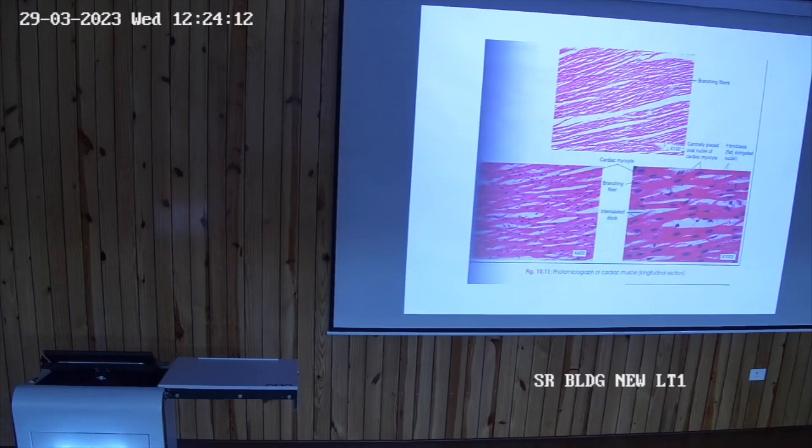The intercalated disc is a special feature of cardiac muscle. In the theory part you may write, when the question asks you in theory, that the special feature of cardiac muscle is the intercalated disc, and the purpose of the intercalated disc is that it transmits the impulse from one cell to another cell immediately.